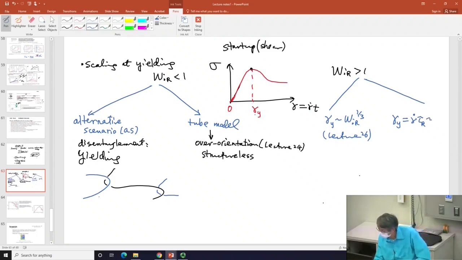So it's Wi to the first power, instead of the third power. So the contrast is quite large. Experiment basically finds this 1/3 law to be more or less obeyed, and we don't observe this power law 1.